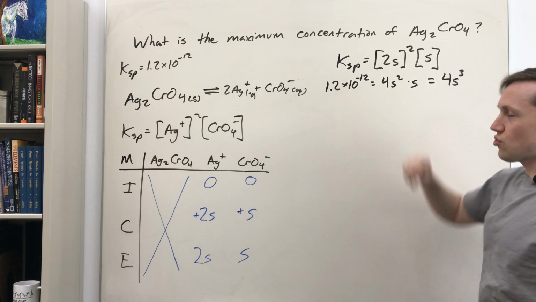Now, we actually do have something we can work with. Dividing both sides by 4 will bring us down to s cubed.